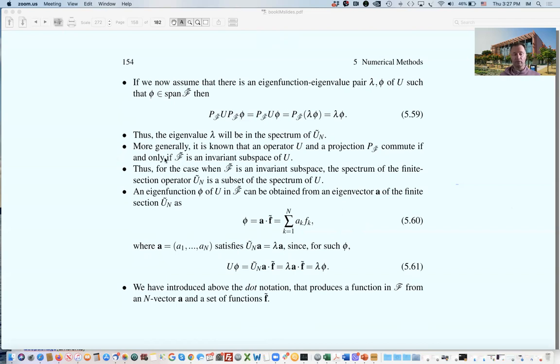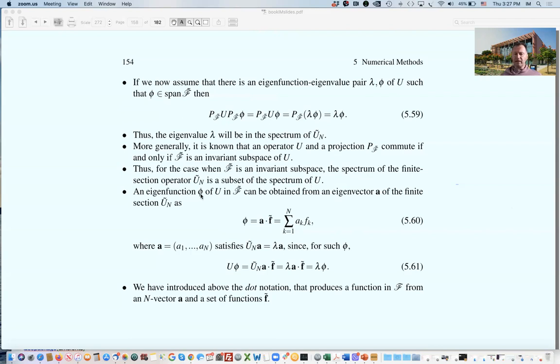It is known that they commute if and only if f tilde is an invariant subspace of U. So when f tilde is an invariant subspace, the spectrum of the finite section is a subset of the spectrum of U. That's what we had in the first example, because we had an invariant subspace, and the spectrum that we found by finite section was exact.